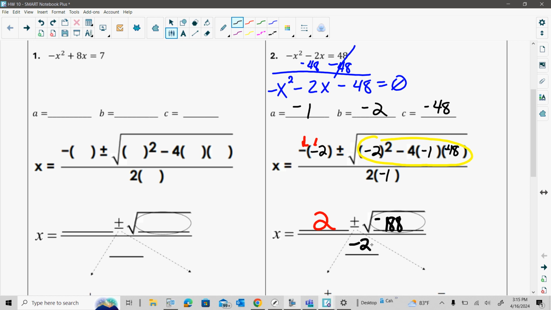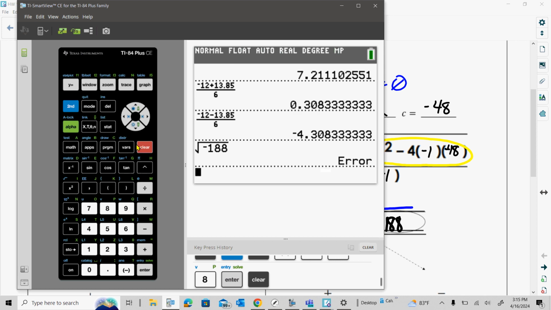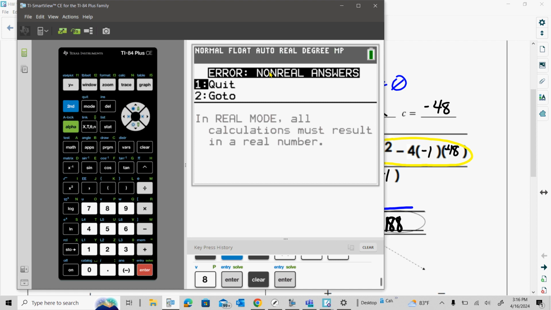Now, the thing you have to recognize is that when we put this in the calculator, let me just show you real quick. I did it right there. You get an error if I just enter it again: non-real answer.